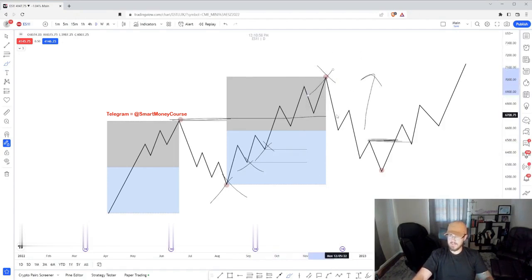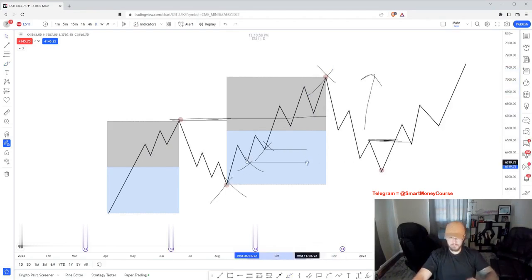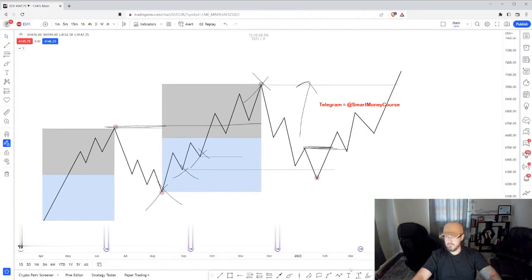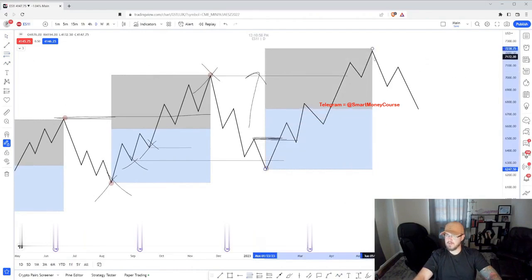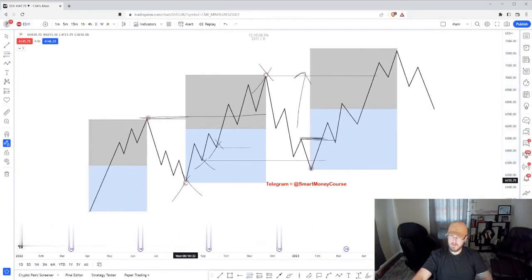Another saying a lot of people use to remember this is that price moves from internal liquidity, right? So we take out internal liquidity here, to external liquidity, and then back to equilibrium, sorry. So from internal liquidity, we took out something over here, pushed up, went to external liquidity, and price came back down to fair market value.